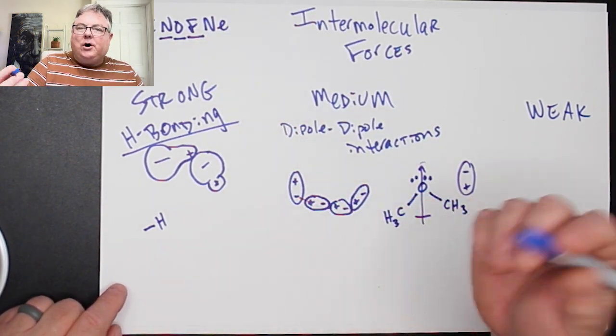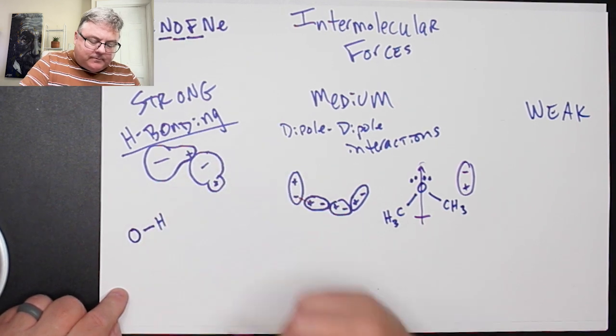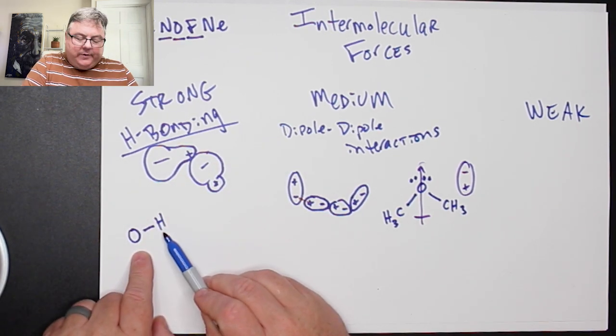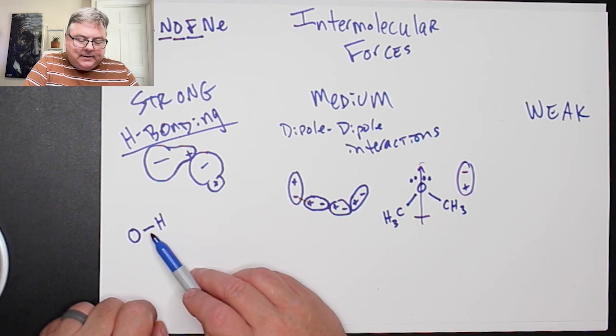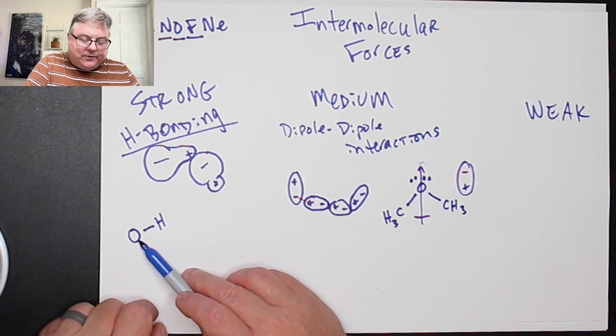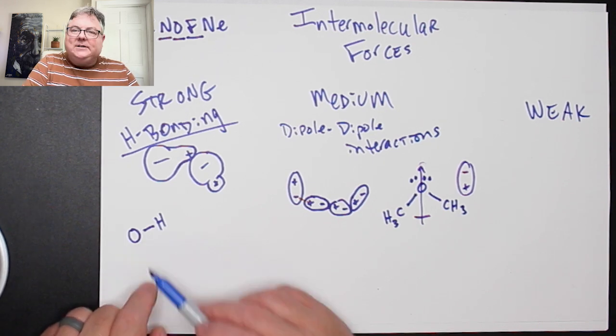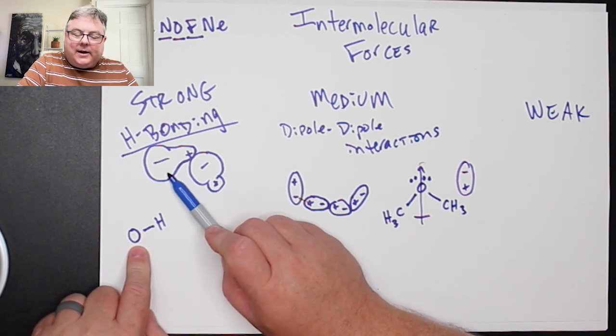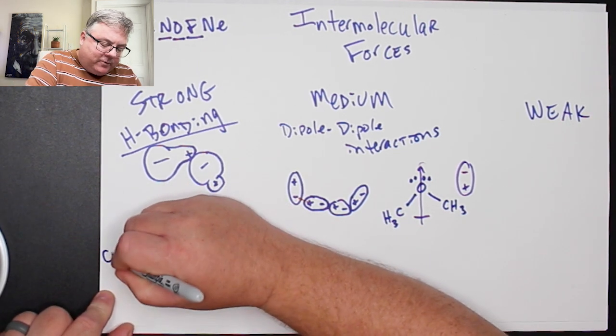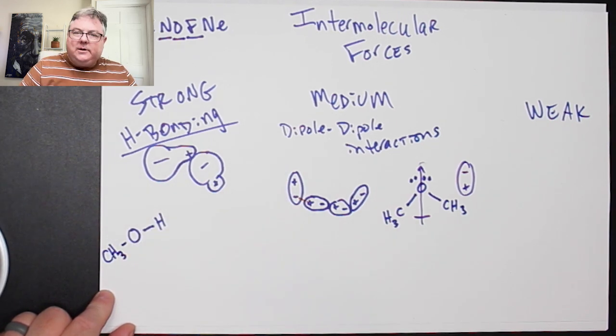So if this hydrogen's on an oxygen, in the tug of war for these electrons, hydrogen loses and oxygen dominates. So oxygen pulls these negative electrons very close to the oxygen and makes the negative electron cloud even bigger on the oxygen. And it doesn't really matter what else is on that oxygen. It could be any kind of carbon group.